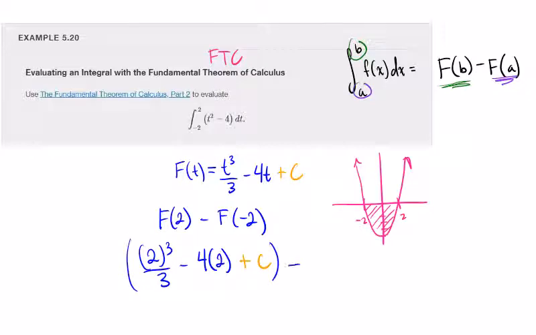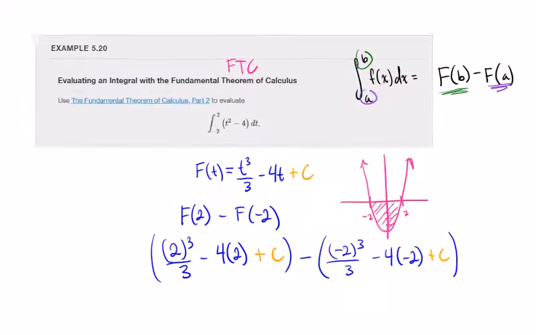Now I'm going to subtract F of a, F of -2. It's going to look exactly like this, except with a -2 in there: -2 cubed over 3 minus 4 times -2, and then plus a constant. We'll see what happens with that constant in a second.